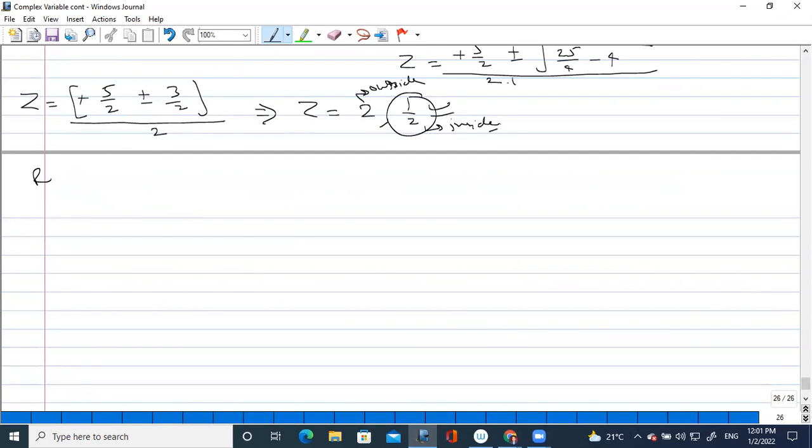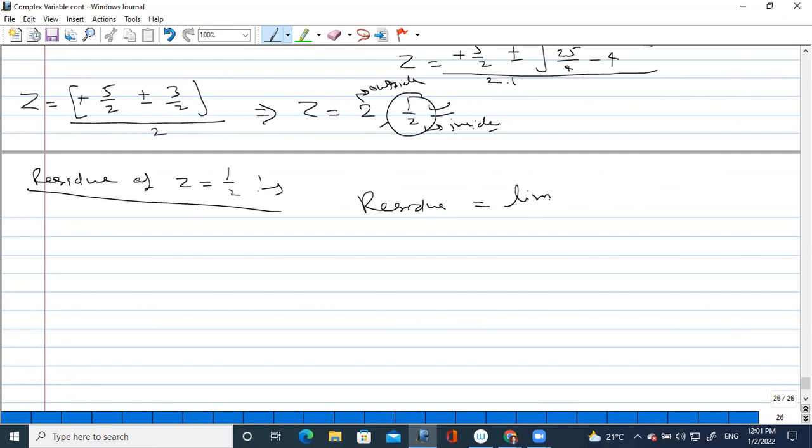So residue at z equal to 1 by 2, that you have to find. Residue will be limit z tends to 1 by 2 of (z minus half) into f(z).